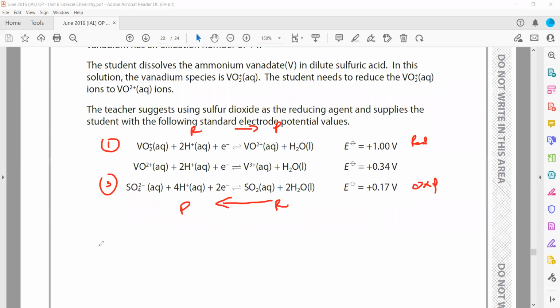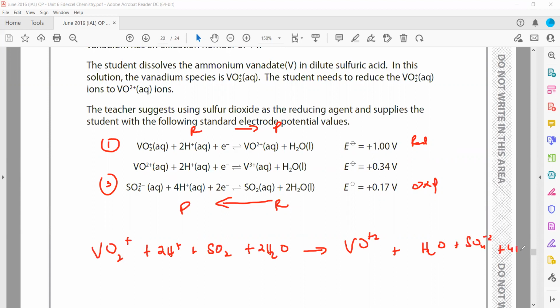So when we combine the equation, it is VO2+ plus 2 protons plus sulfur dioxide plus 2 water molecules gives VO2+ plus H2O plus sulfate ion plus 4 protons plus 2 electrons.